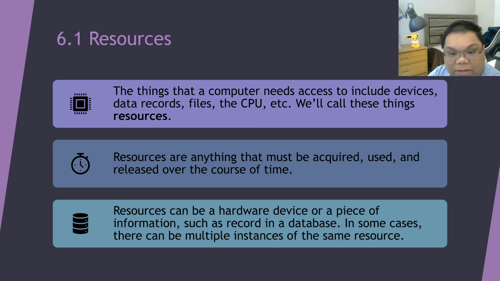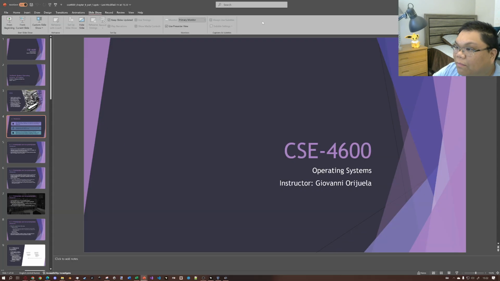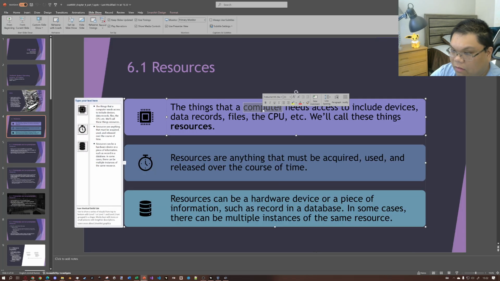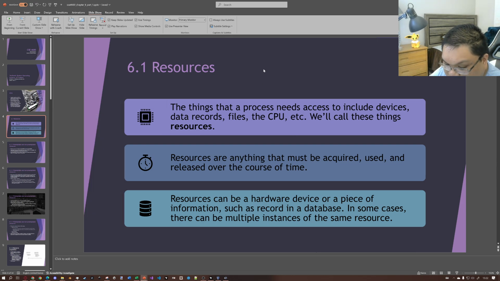Resources can be a hardware device or a piece of information, such as a record in a database. In some cases, there can be multiple instances of the same resource. Okay, this one also needs some corrections. Let me fix this right now, and then I'll do my best to update these slides as well.